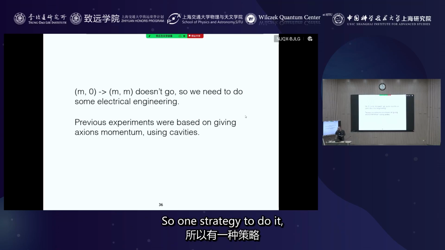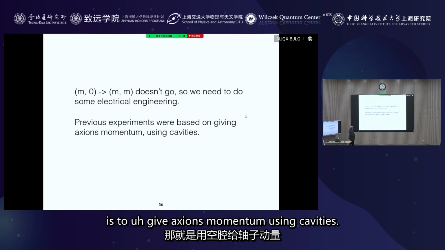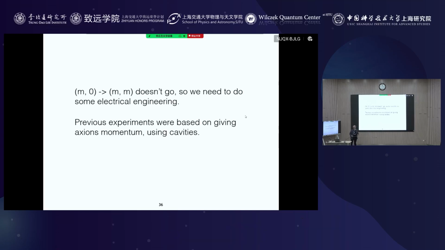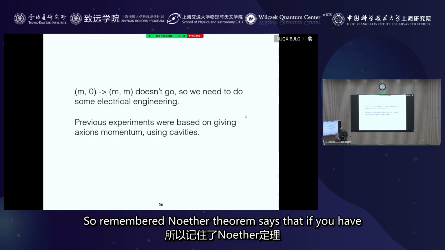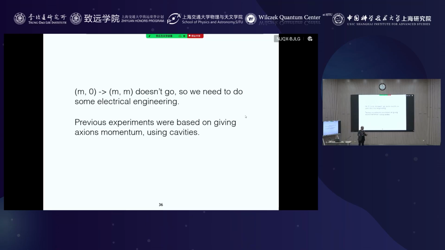So one strategy to do it, which was exploited in many experiments, is to give axions momentum using cavities. So remember, Noether's theorem says that if you have a uniform in space background, that momentum is conserved.